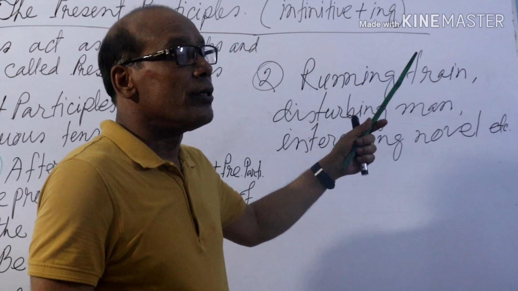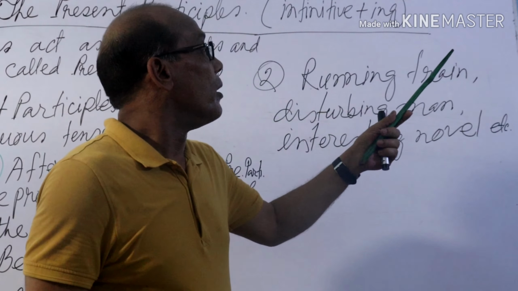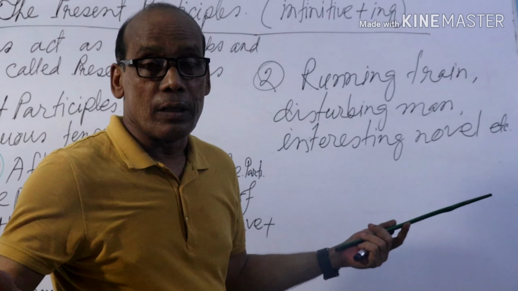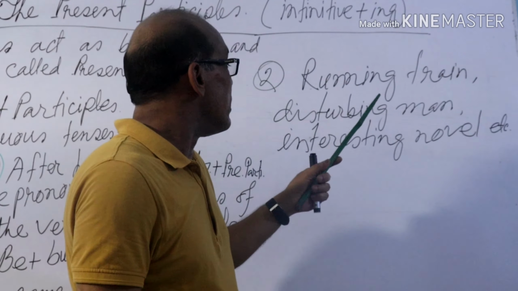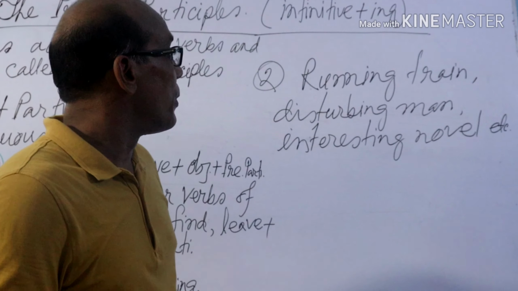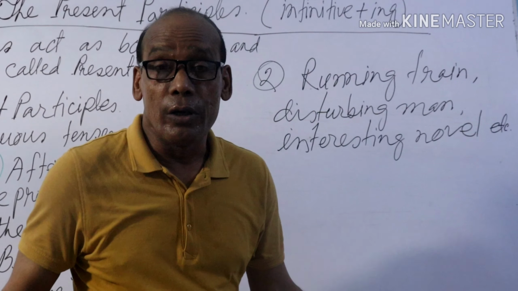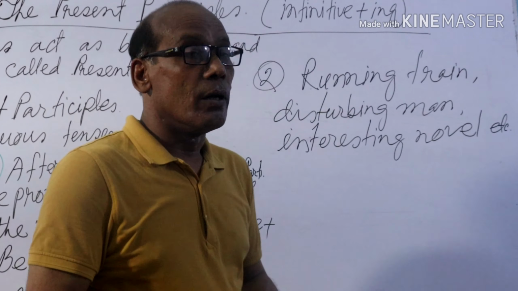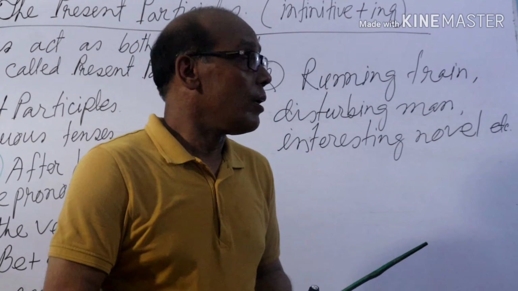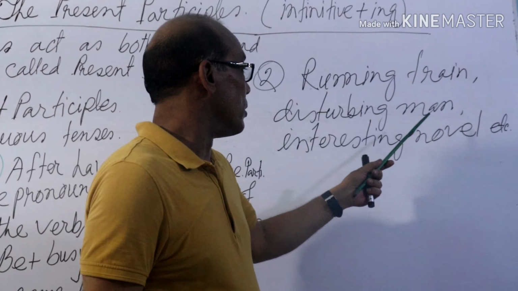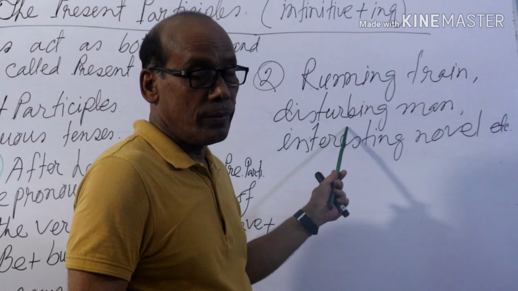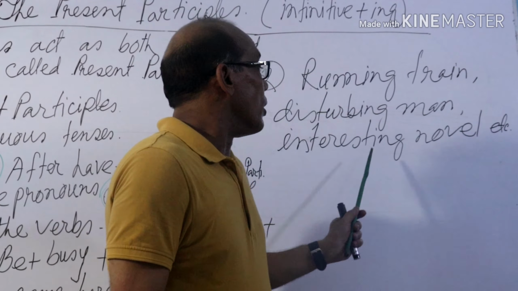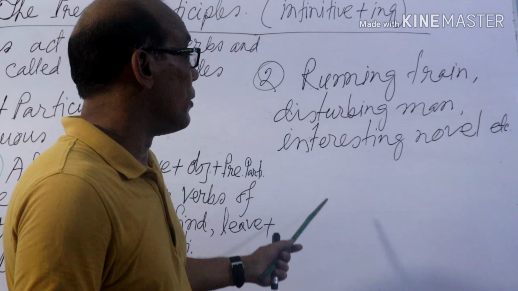Running train, running car, running water, running machine, running market, running engine, and disturbing man, disturbing woman, disturbing boy, disturbing girl, disturbing person, and disturbing student. In this way we can change the noun and use the same adjective, and I think this is clear to you. Interesting novel or disturbing novel, you may think in that way.